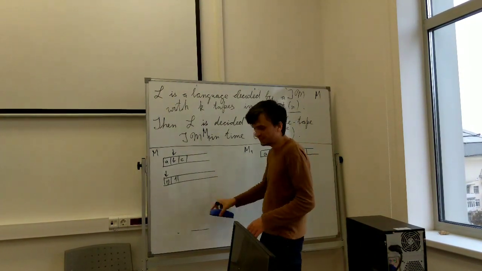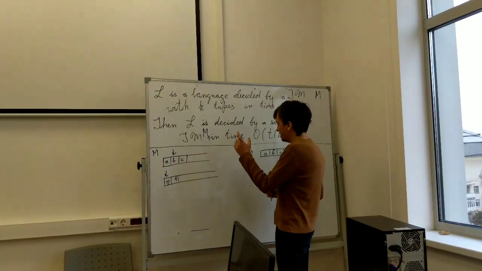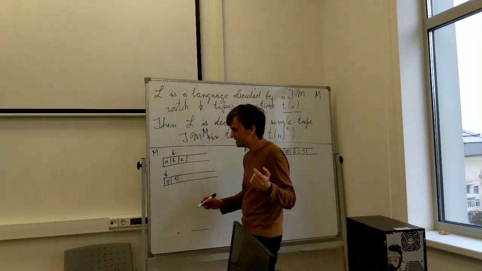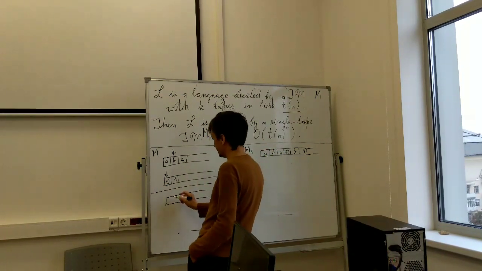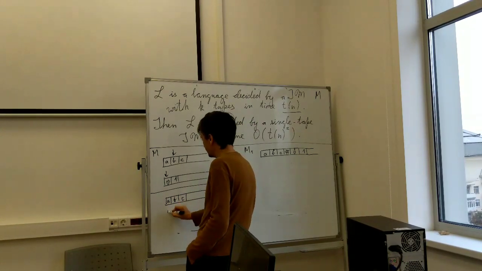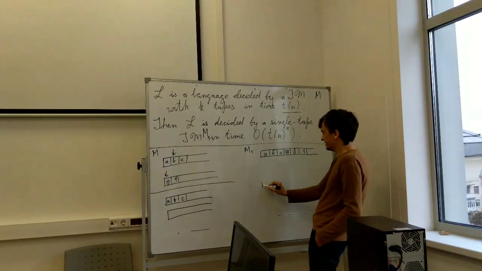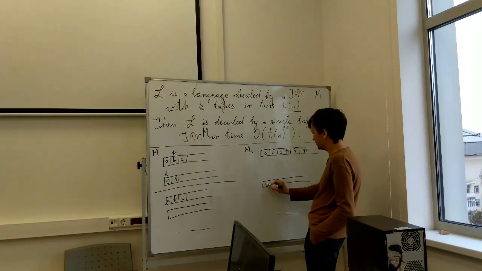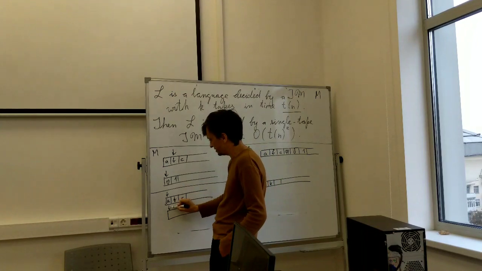So now we have to see how the machine M1 simulates M. First, as you rightly said, we start with the input word written on the first tape, and let it be ABC. And the second tape is empty. So this is going to be translated into this. It's going to be A, B, C, and the head points here and here.